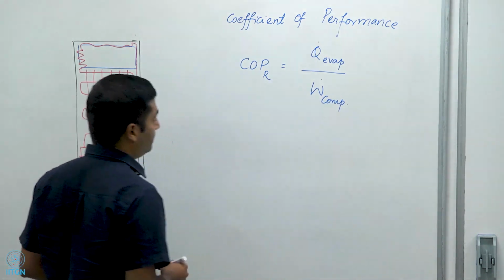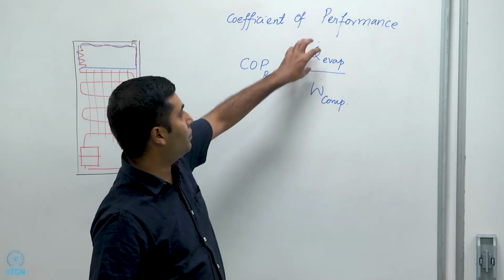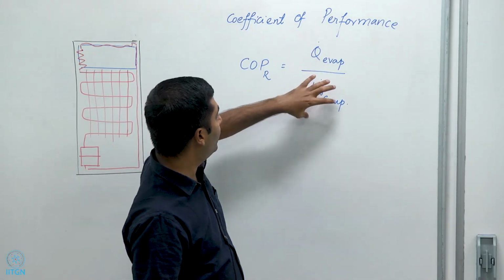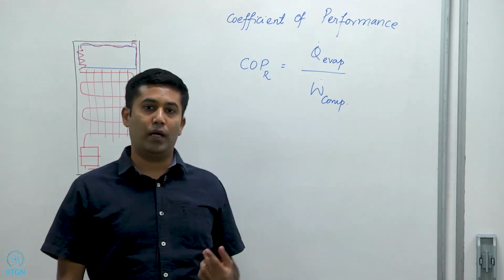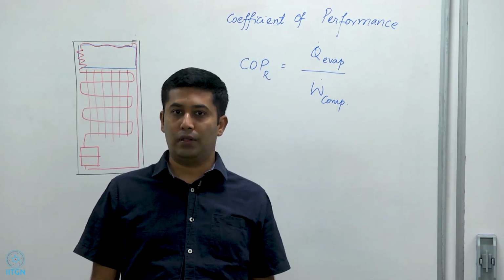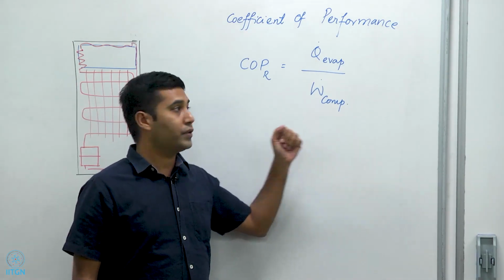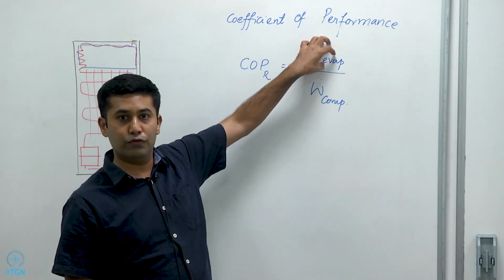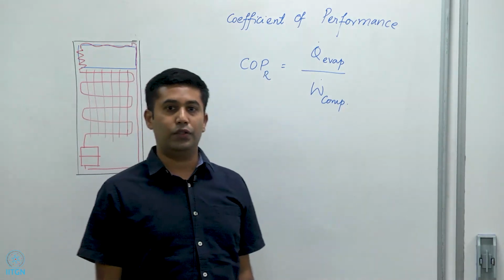That is the rate of heat removal from the low temperature reservoir to the rate of work input required, and here there is only one work input required, which is the compressor. So this is the rate of electrical work done on the compressor, and this is the rate of heat removed from the evaporator, and the ratio of these gives us the COP.